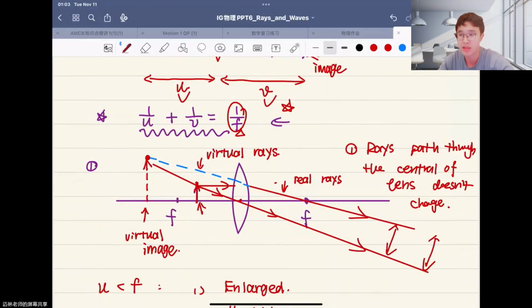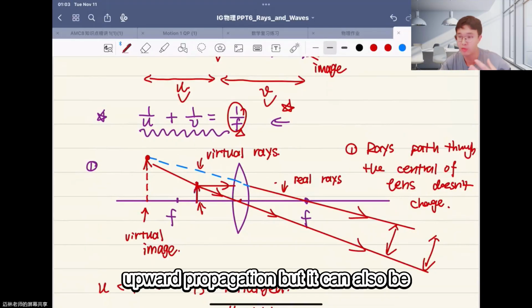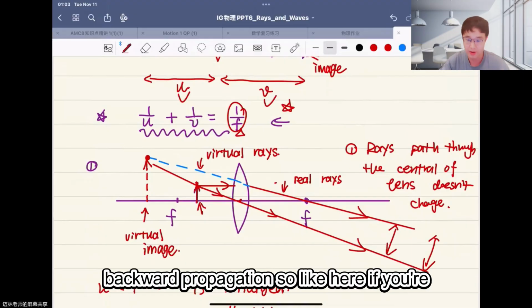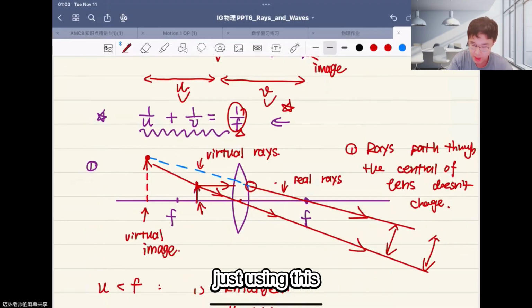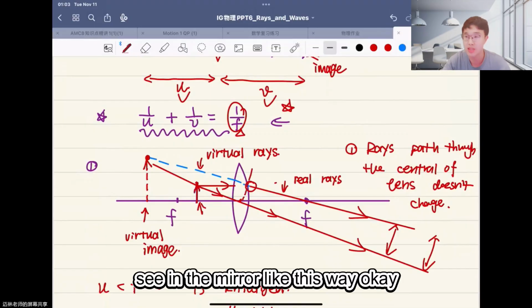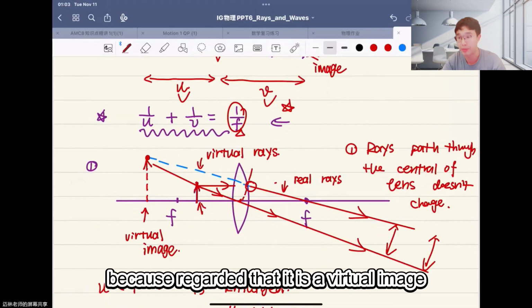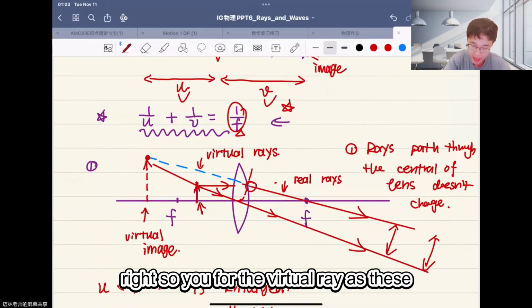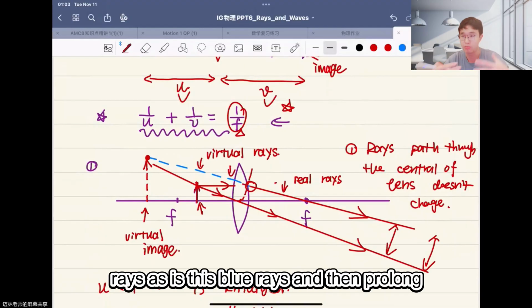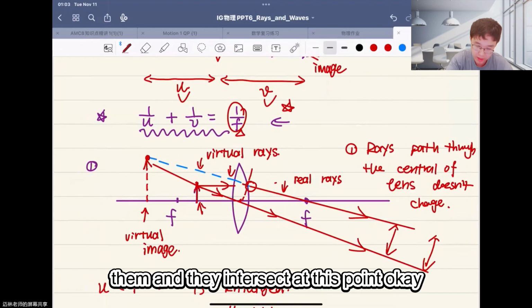So maybe we cannot find the intercept in this direction. Rays can propagate forward, but they can also be propagated backward. So here, if you just use these rays and prolong them, it's like seeing in a mirror, okay? We can regard it as a virtual image, right? So you draw the virtual rays as these blue rays, and then prolong them, and they intercept at this point, okay?